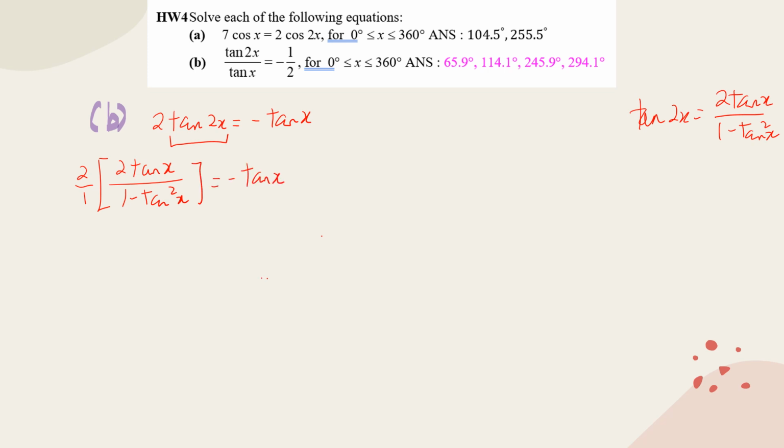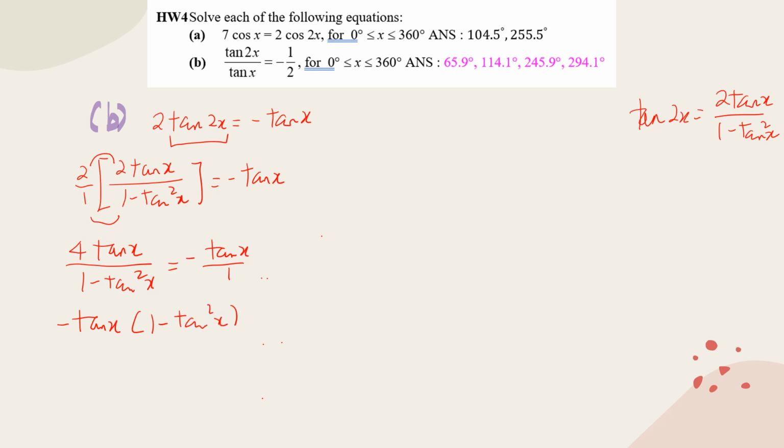Okay, so you multiply numerator, multiply denominator, you end up getting 4, because 2 times 2 tangent x will give you 4 tangent x, then over 1 minus tangent square x. Alright, so we still have to do another cross multiply. So that will give us negative tangent x times bracket 1 minus tangent square x.